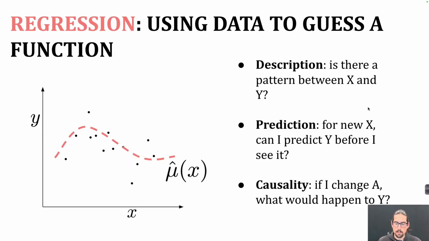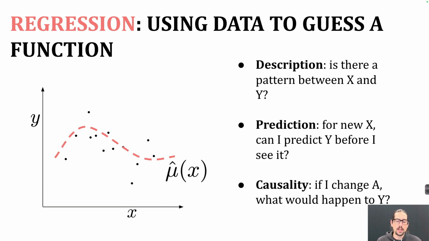Because the general idea of regression, if you recall, is that you're just using data to guess a function. And for linear regression, that function is going to be a linear function, although we also talked about ways to enhance that with splines, nonlinearities, and interactions.